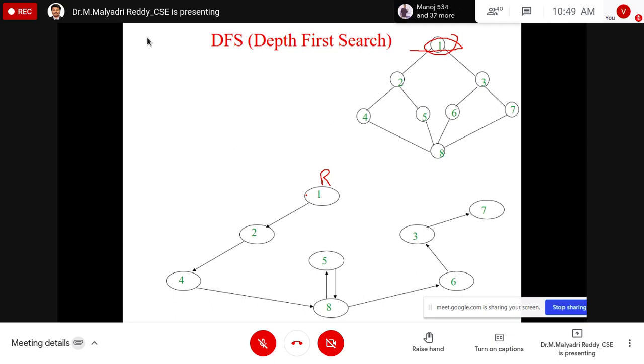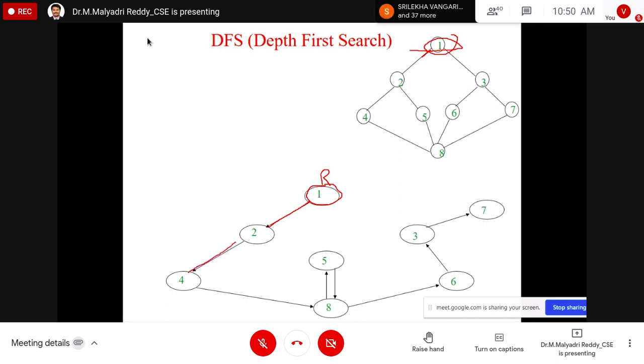Pardeep, are you there? Yes, sir, I was looking up DFS. One is the root. So from there we go to 2, then we go to the left child 4. For 2, the left child is 4.